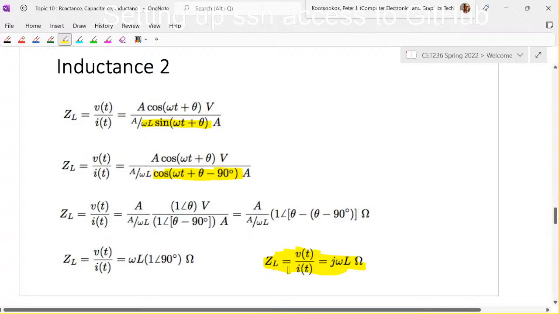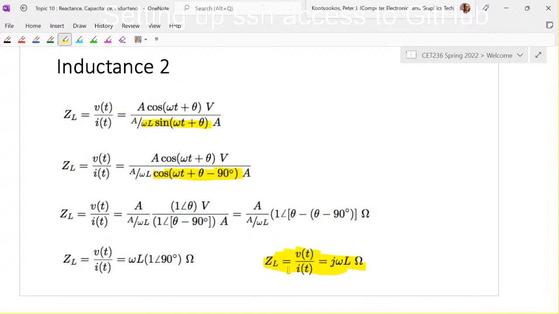Sorry, the inductive impedance is j omega L ohms. Again, it's purely imaginary. If you've got a DC current, it doesn't matter. It's like a wire, so there's no impedance.